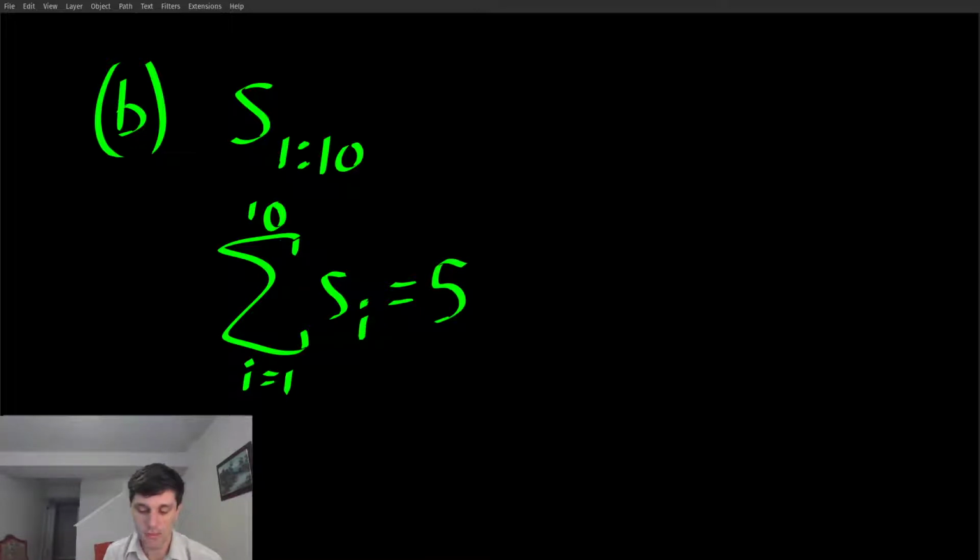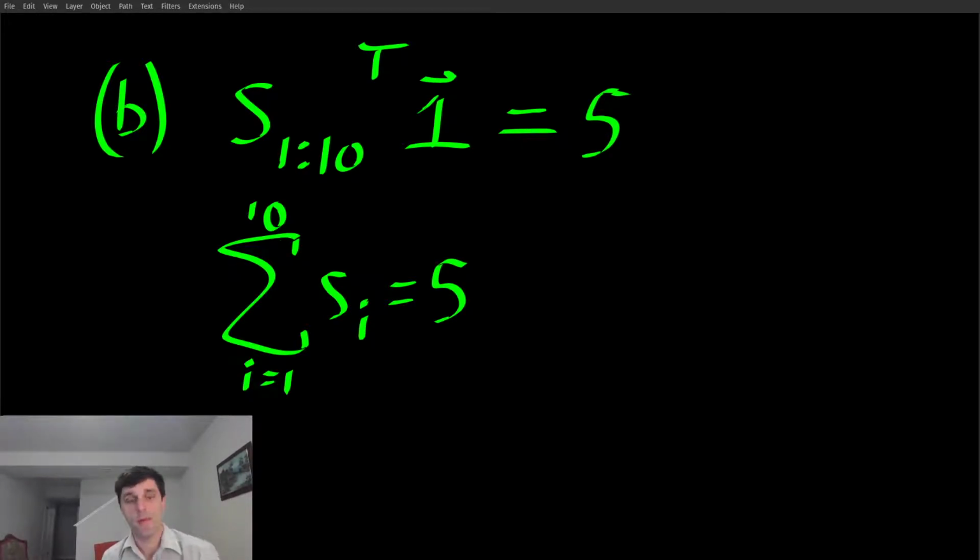That's what they asked us to do, right? Or I could write something like S, from 1 to 10, transpose the one vector, equals 5, right? Either way I think would work. So yeah, I think that's how I would write those.